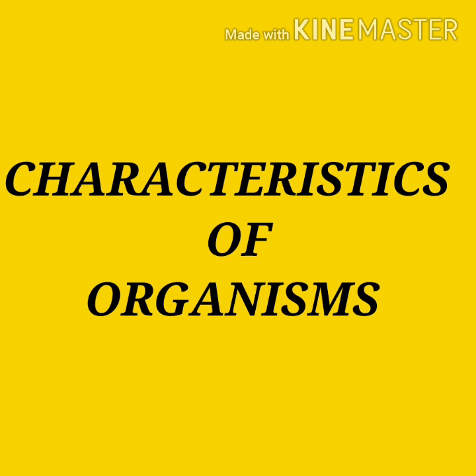How are we able to differentiate living things and non-living things? Because living things have certain characteristics. We are now going to discuss the main characteristics of organisms, which will help us to differentiate them from non-living things. So, shall we discuss the characteristics?